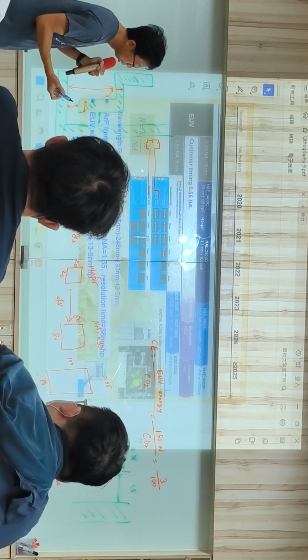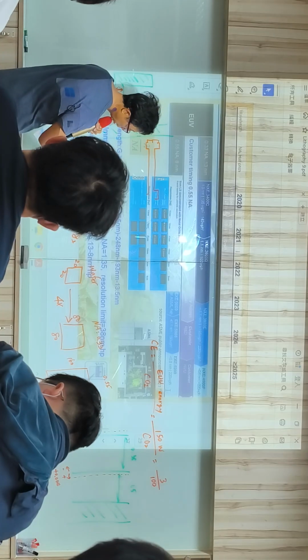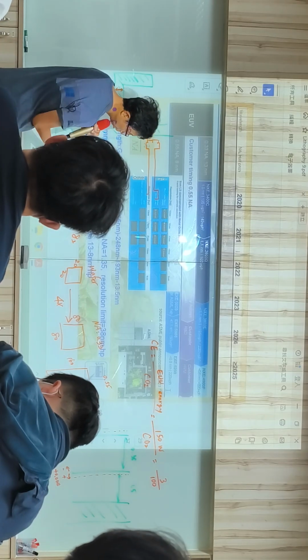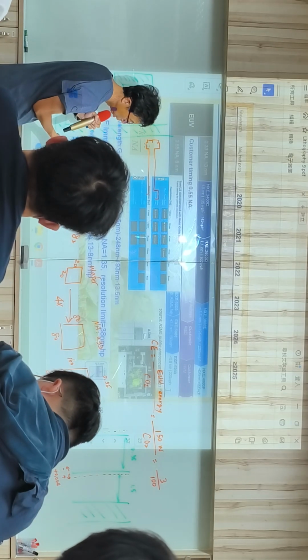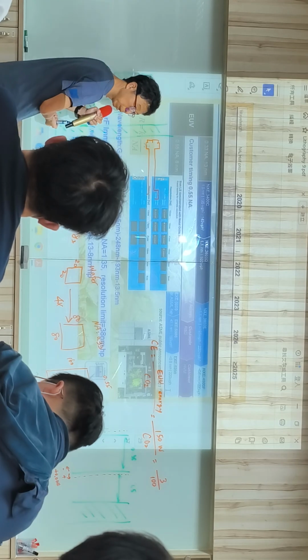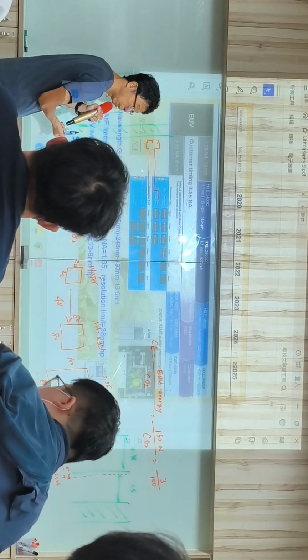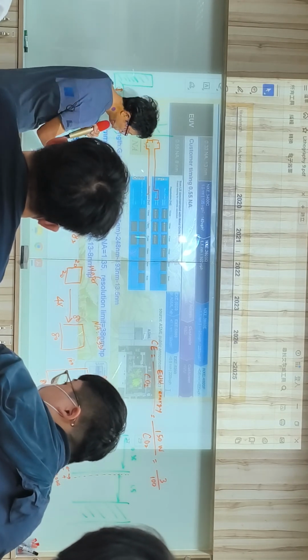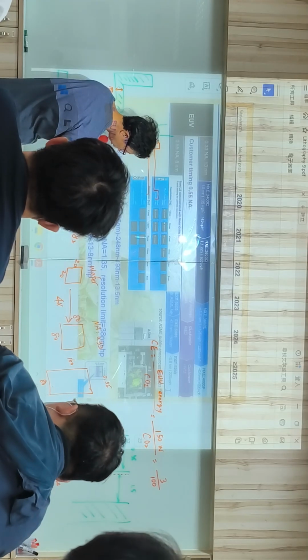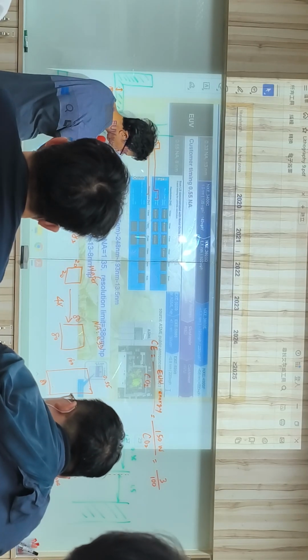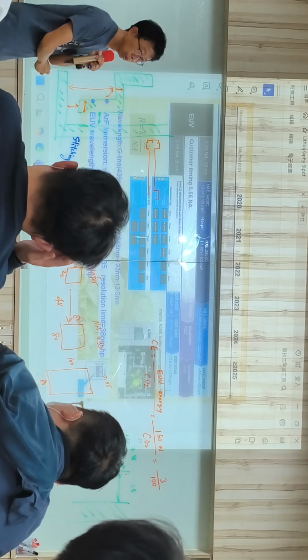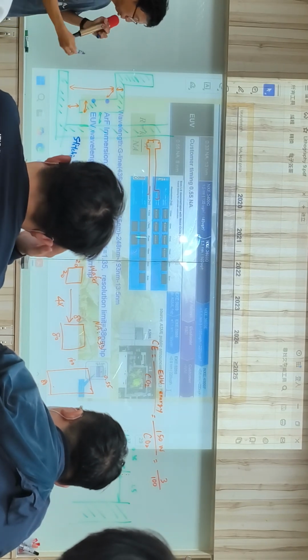Think about it. Right now, if you have a mask and only do half of the exposure, what does that mean? It means you'll do exposure number 1 here and exposure number 2 here.